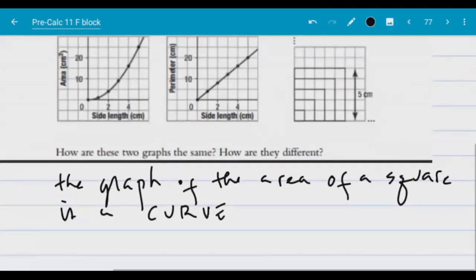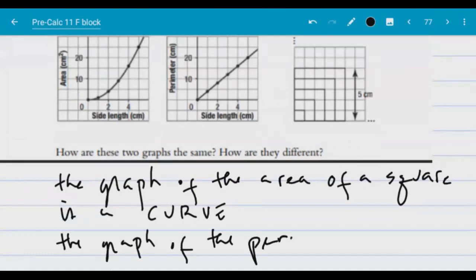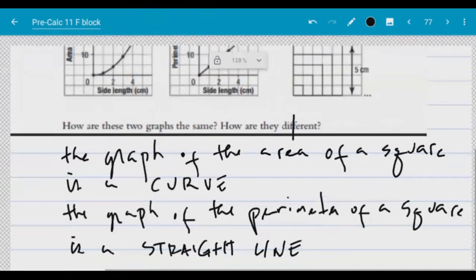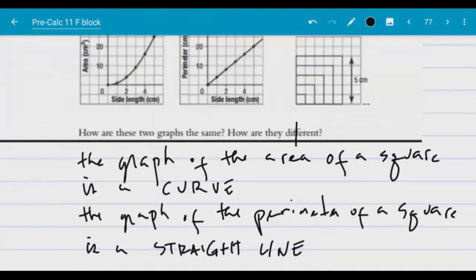Well, the graph of the perimeter of a square is a straight line. Perimeter, straight line. Area is a curve. Okay. What else can we say?